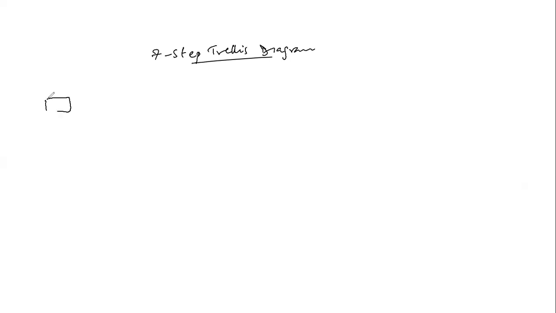So let's say we have the shift register 1. Then we have another shift register 2. Then we have another shift register 3. Then we have this other here, and we have this other here, and we have this other here.